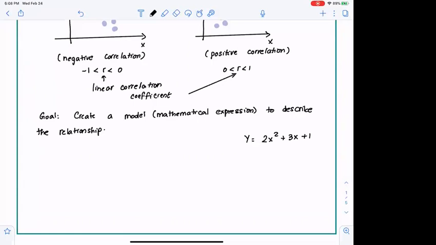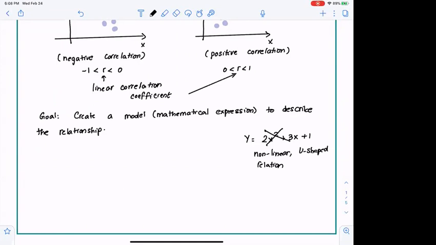So that expression would work if we have a nonlinear U-shaped relation. In other words, a parabola. So the expression that we choose has to be meaningful.